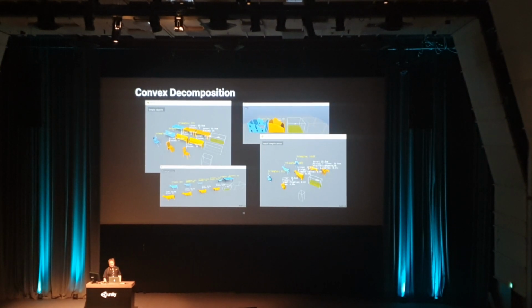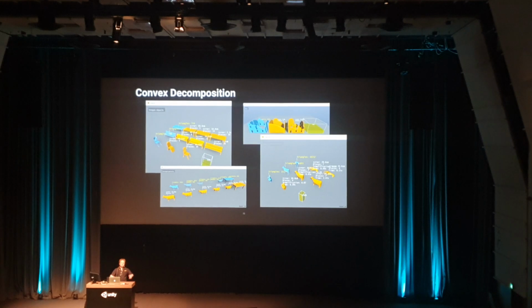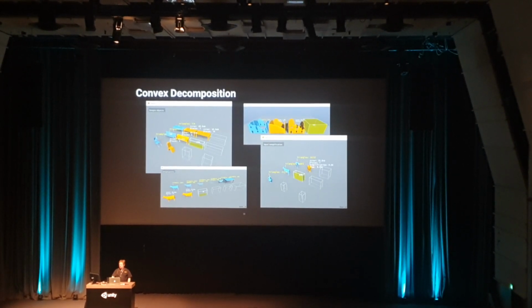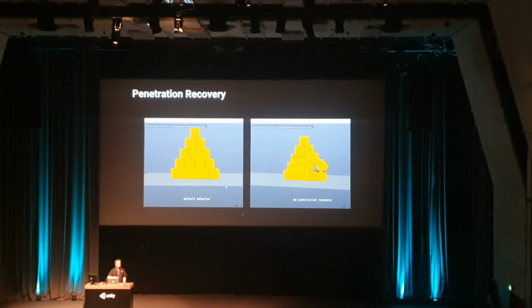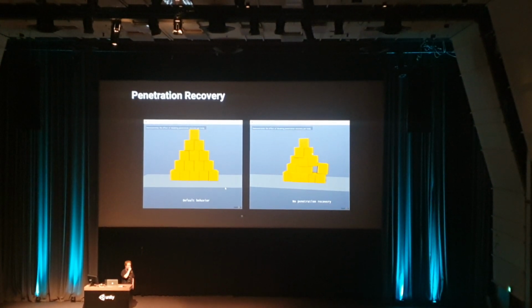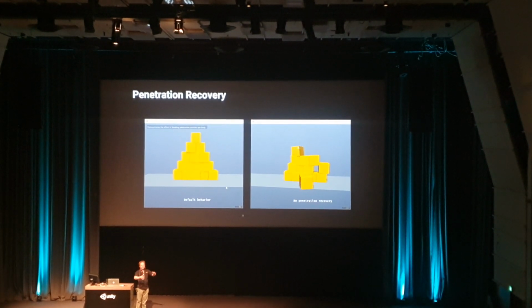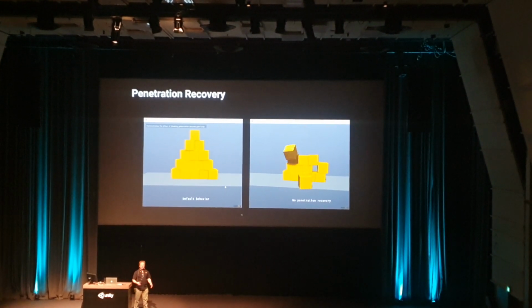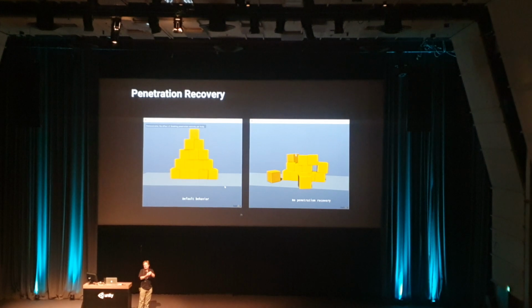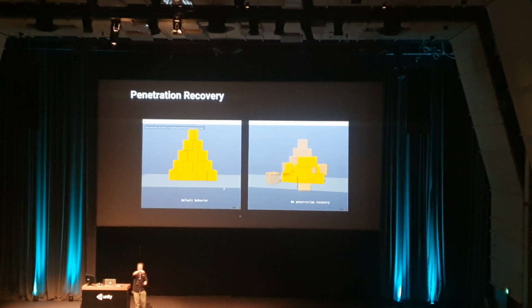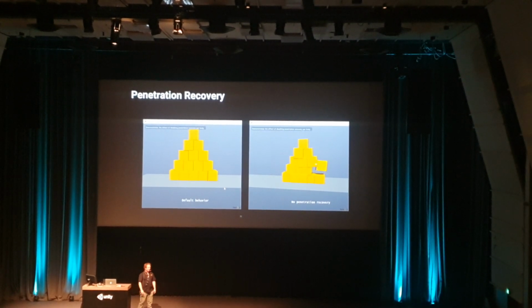The use case is a little bit less common, but it can break down a static environment into a series of convex hulls based on the level of detail you want. Another option is optional penetration recovery. This is useful if the designers want to put a specific stack of dynamic objects in the scene, but they don't necessarily want to line them up perfectly, so you don't get that initial settling, where, hopefully we've all seen that, a stack of boxes just has to settle and move a little bit.